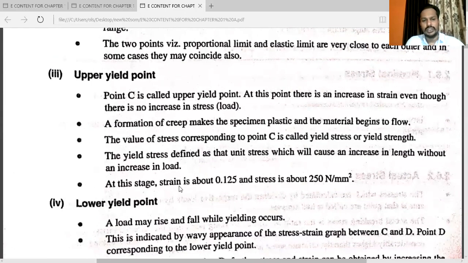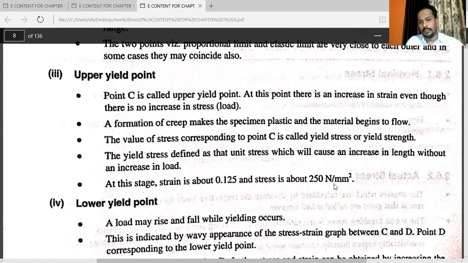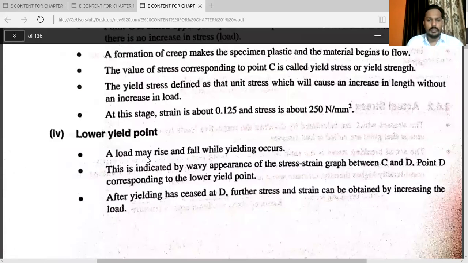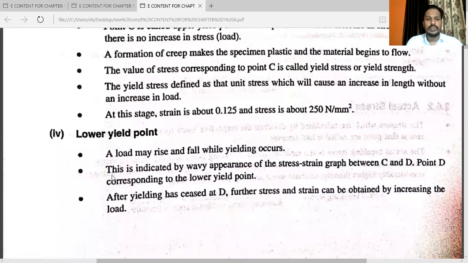At this stage, strain is about 0.125 and stress is about 250 Newton per mm square. That is point C, the upper yield point. After the upper yield point, the next point is D, the lower yield point. Load may rise and fall while yielding occurs. This is indicated by a wavy appearance.